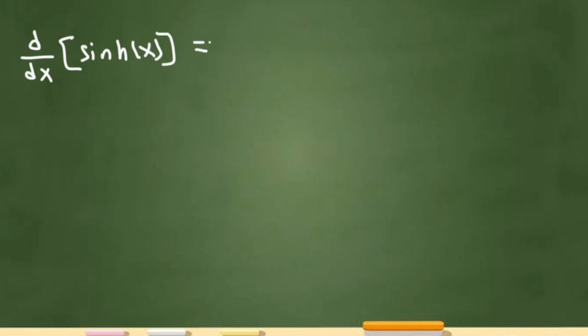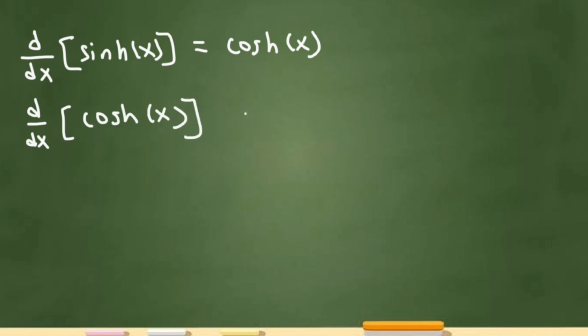In this video, we're going to focus on the derivatives of hyperbolic functions. So let's start with the derivative of hyperbolic sine. This is equal to hyperbolic cosine. So you may want to take some notes on this. We'll work on a few practice problems shortly. The derivative of hyperbolic cosine is hyperbolic sine.